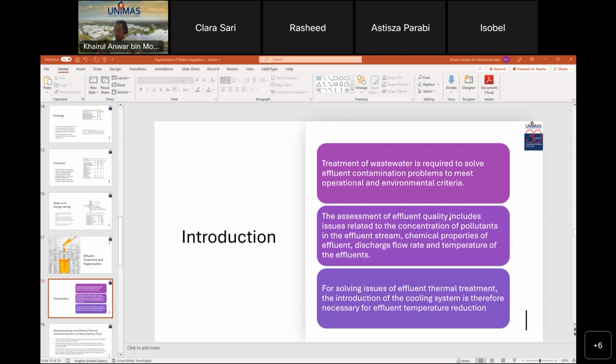For solving issues of effluent thermal treatment, the introduction of the cooling system is therefore necessary for effluent temperature reduction. So basically, before we can discharge the effluent, the temperature needs to be reduced. So we need a cooling tower.